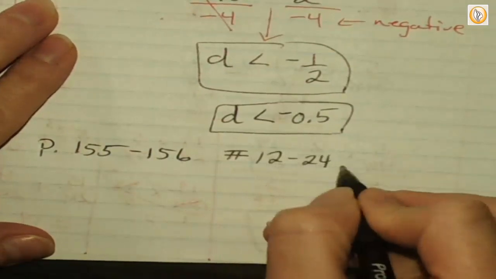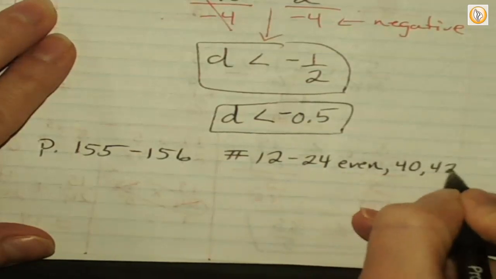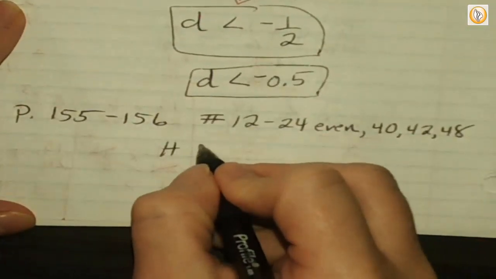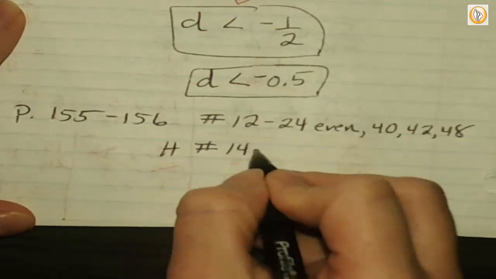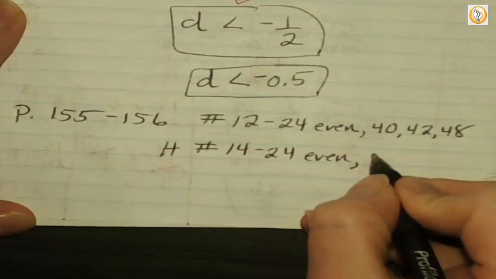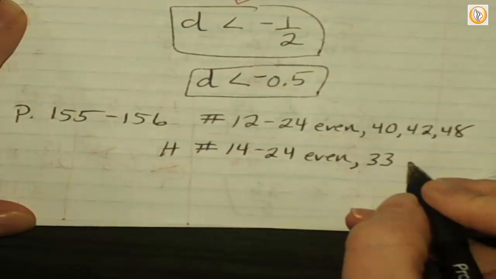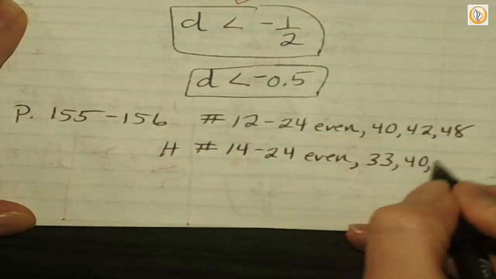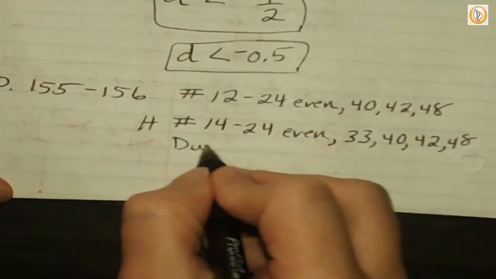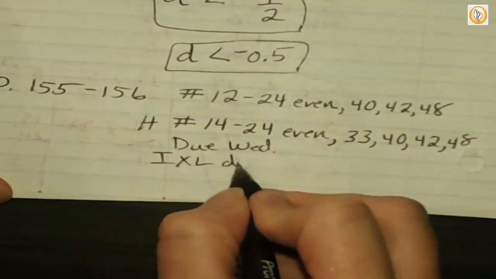Twelve through 24 even, 40, 42, 48. Fourteen through 24 even, 33, 40, 42, 48. This is due Wednesday. We'll do it tomorrow. IXL's due Monday.